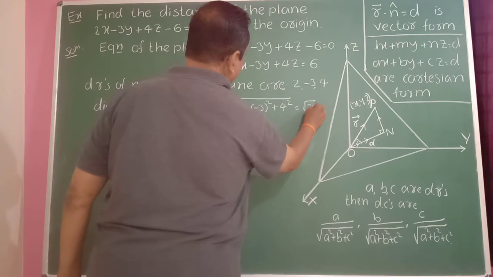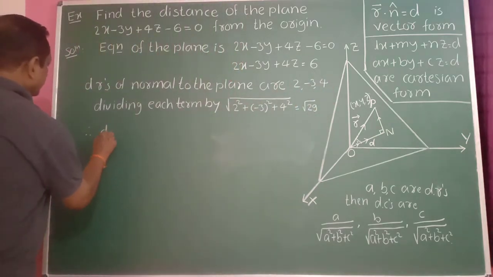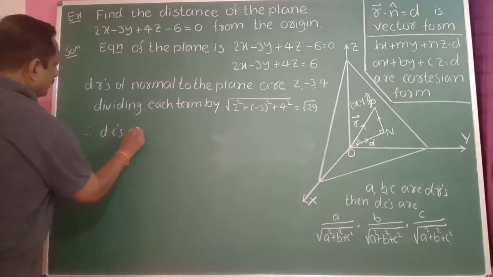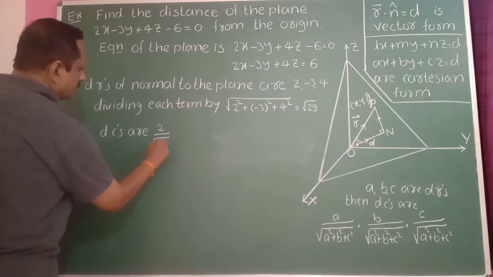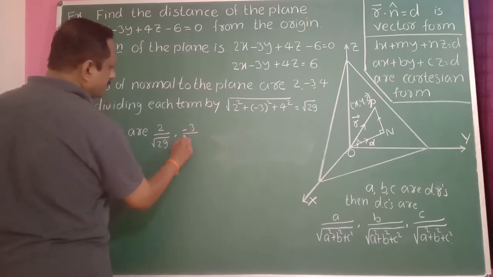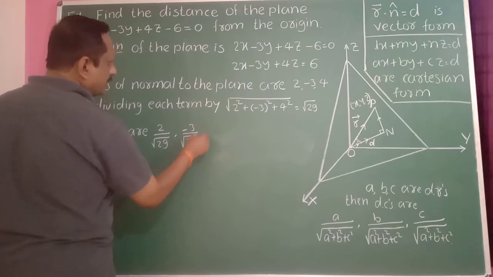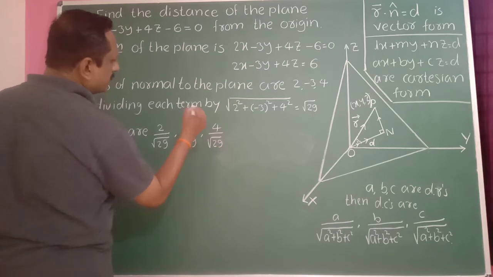Therefore, the direction cosines are 2 divided by root of 29, minus 3 divided by root of 29, and 4 divided by root of 29.